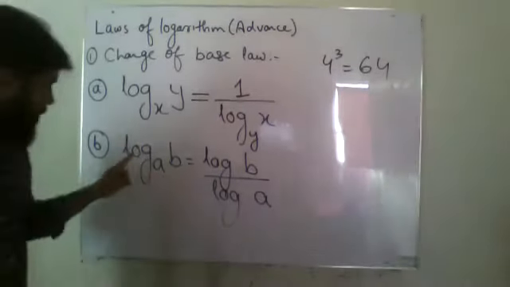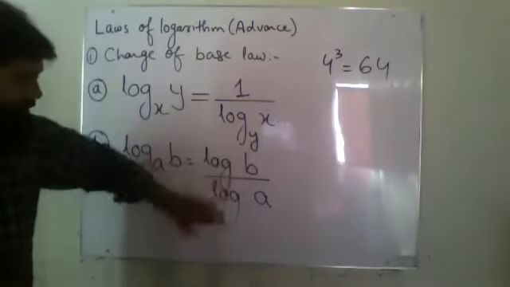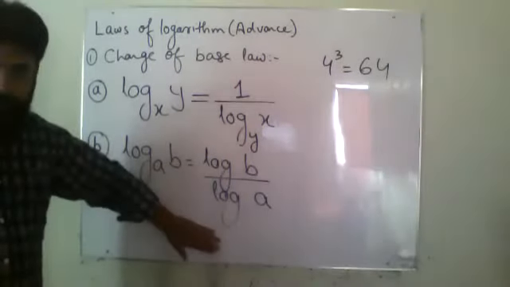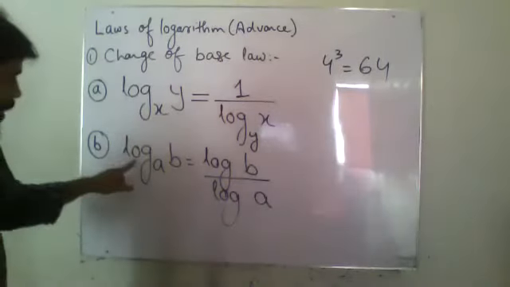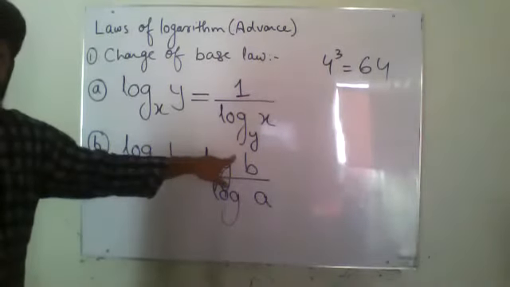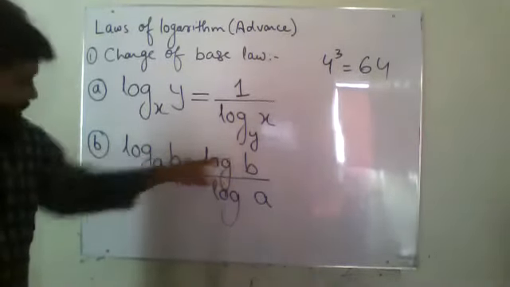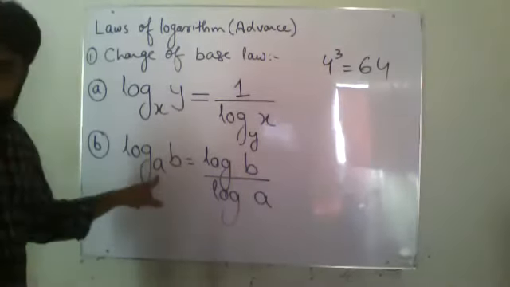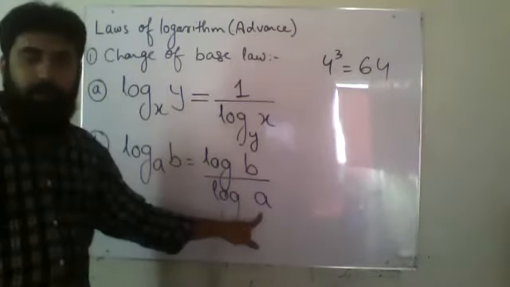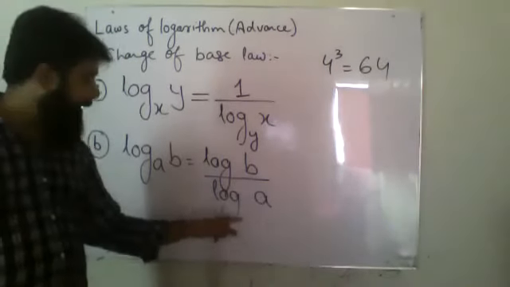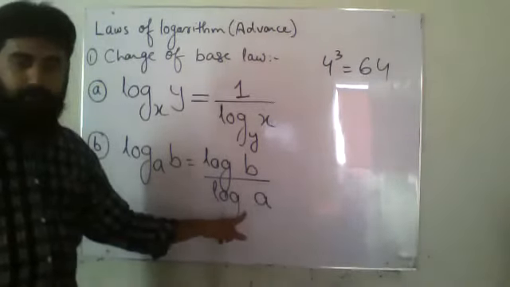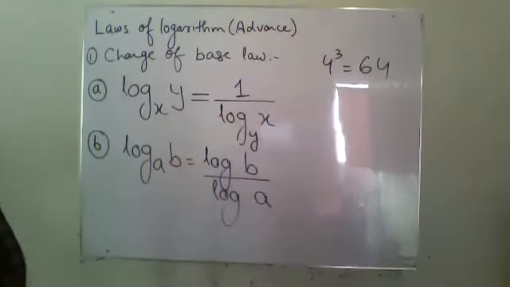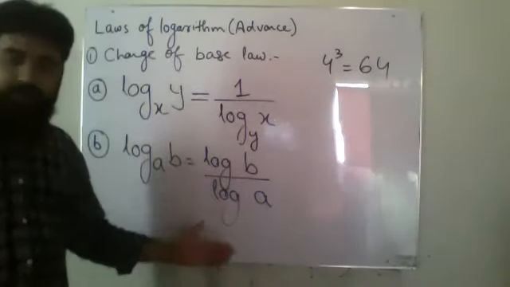First of all, this whole thing will change into a fraction. Log multiple will become the numerator, and log base, this base will also become a multiple, and that will be written in the denominator. So what about the base? I have got log.